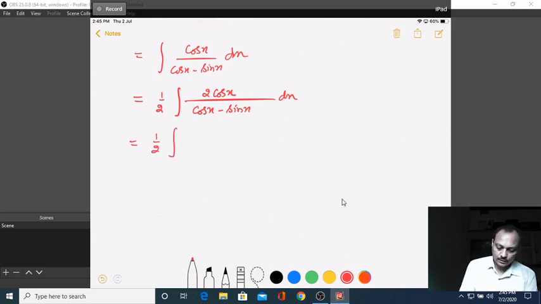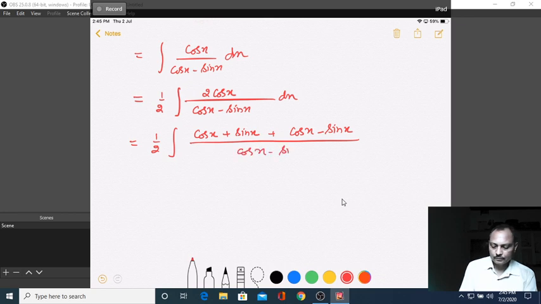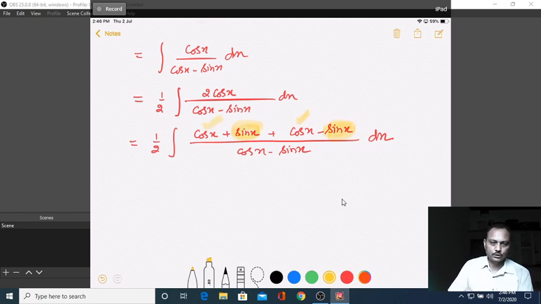Now this 2 cos x can be written as cos x plus sin x plus cos x minus sin x. Adding sin x and subtracting sin x. Here we have added sin x and here we subtracted sin x, and this cos x and cos x, that is 2 cos x. So we can write this expression like this.